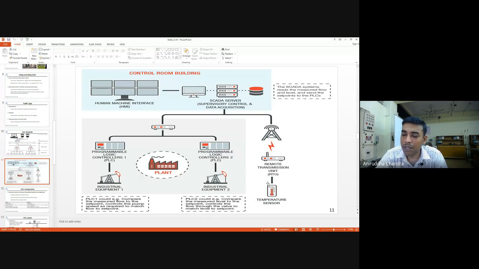But we can have some temperature sensors which are connected with some remote transmission unit as well. So in a wireless manner, we can also connect. So we can have wireless connection, we can have wired connection, finally everything going together. So this blue part is in the office. On the other hand, this is in the field. So this is how they are connected together and they are controlling some industrial control network.